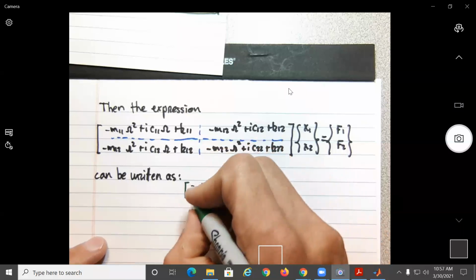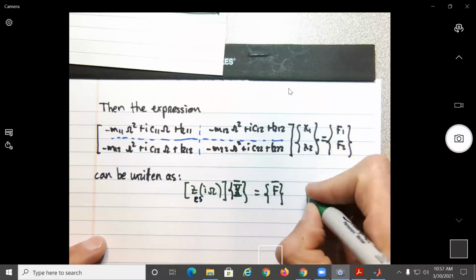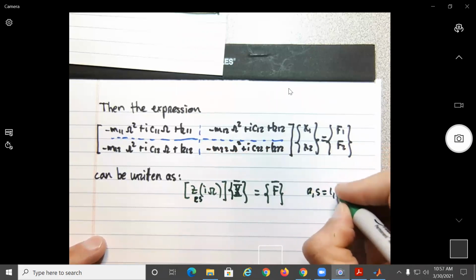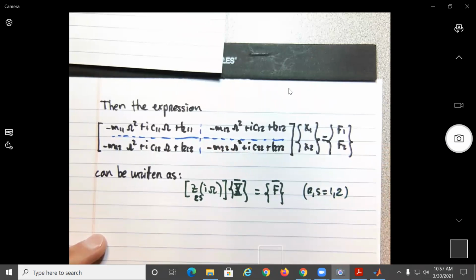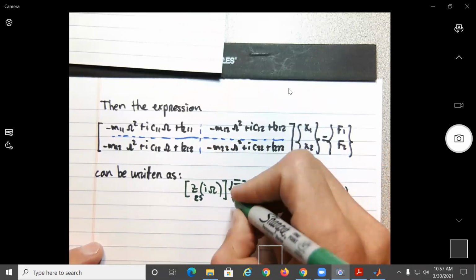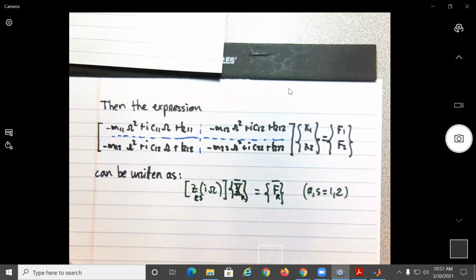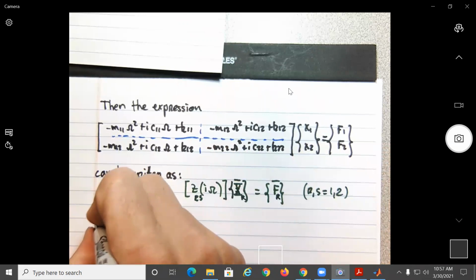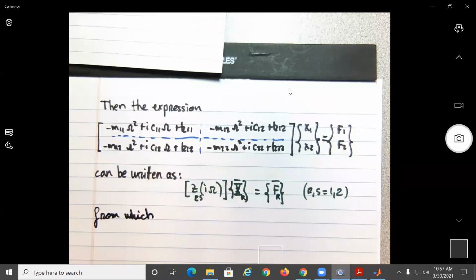We want to compare here Z_rs, and r and s will be equal to 1 and 2. And this could be r and r if you want, but it's not needed. So from which, what would you have?